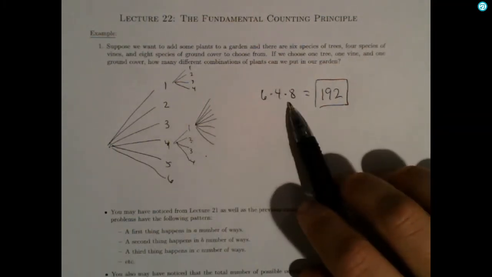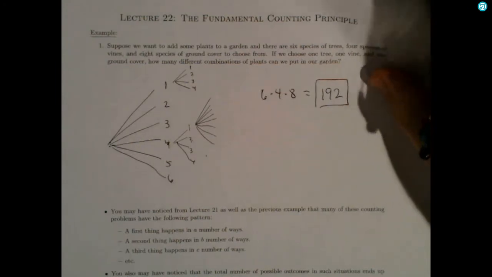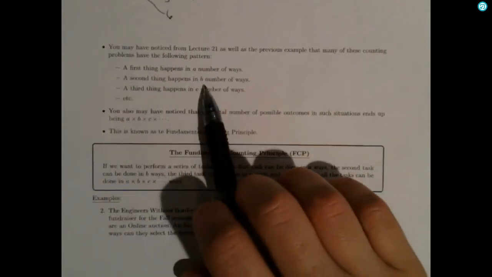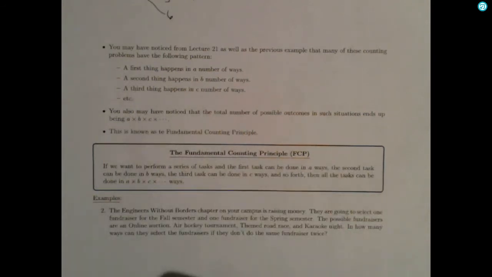This is what's called the fundamental counting principle. You may have noticed from the previous lecture, as well as from this previous example, that many of these kinds of counting problems have the following pattern. Some first thing happens in A number of ways, a second thing happens in B number of ways, a third thing happens in C number of ways, and so forth.